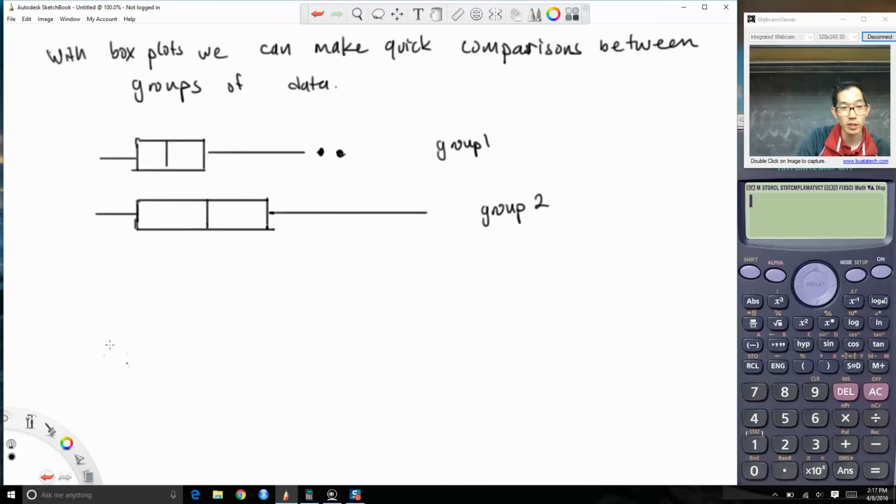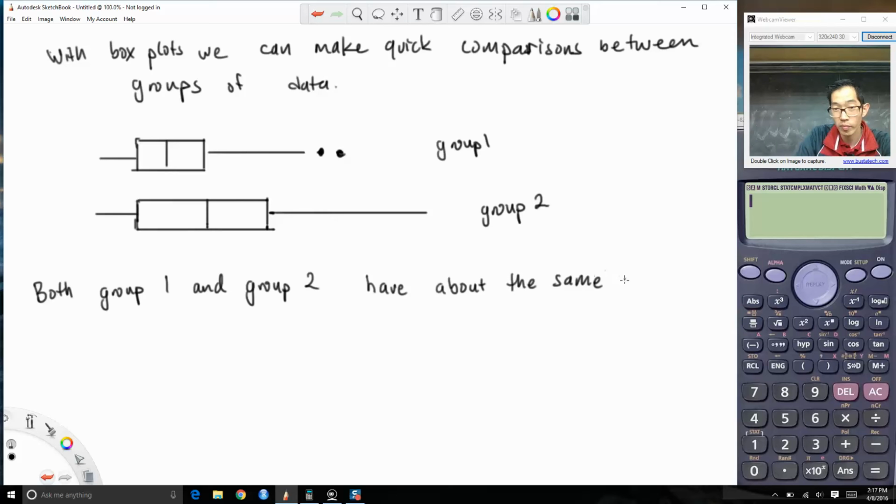Both group 1 and group 2 have about the same minimum value, because our minimum is down here and down here. And it looks like Q1 is the same.